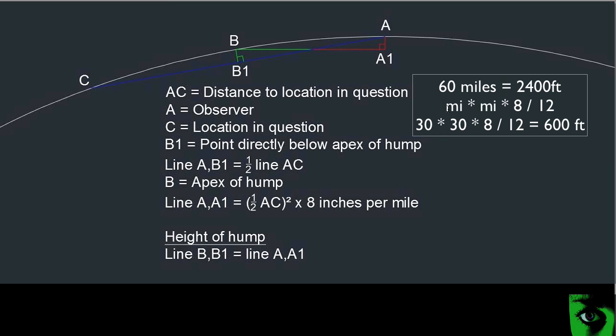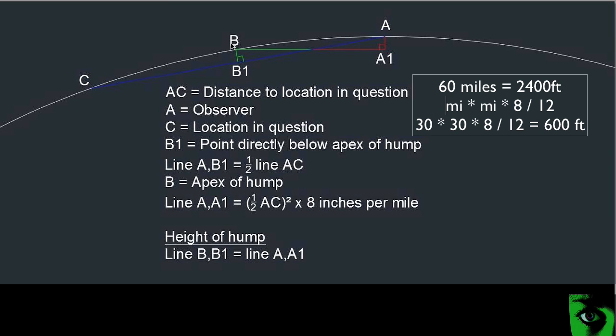And the simple way to do this is miles squared times 8, which is inches, because it's an 8-inch drop per mile, and then divide that by 12. That will give you, and it's pretty close. I mean, I've done this some longer distance. It does get a little inaccurate the further out you go, but it's still really close. So 60 miles is 2,400 feet.